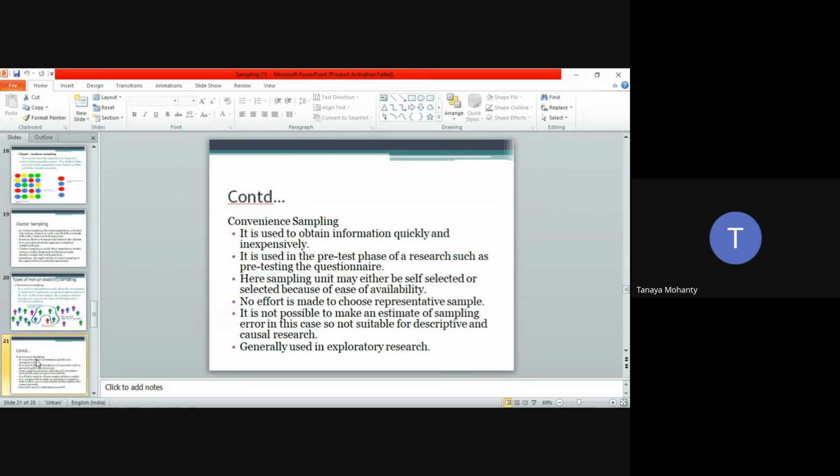So you expend neither much money nor resource nor energy on it. You try to get at things that you can quickly lay your hands on. So it is used in a pre-test phase of research, such as pre-testing the questionnaire.